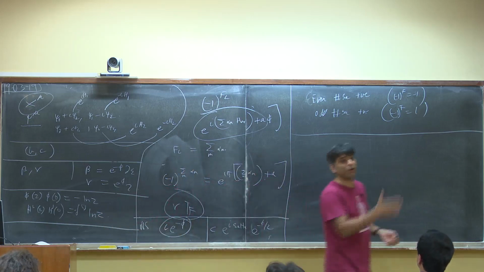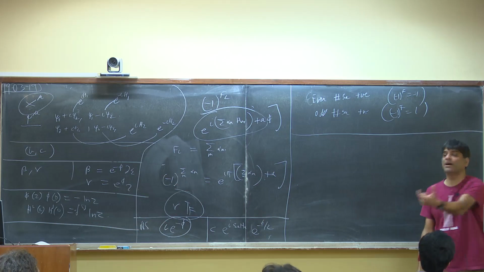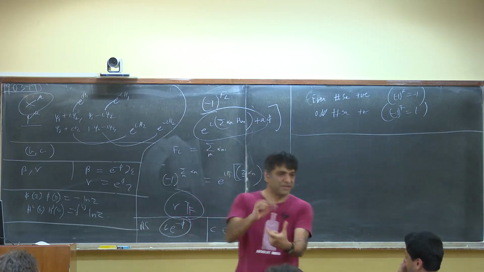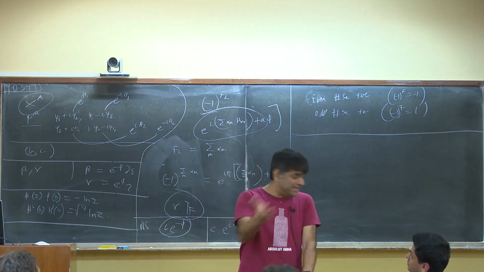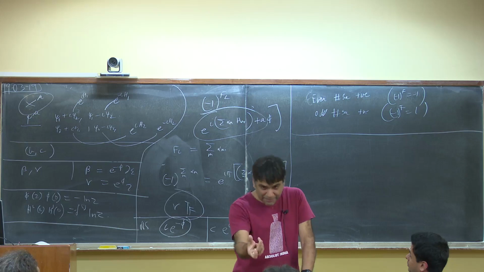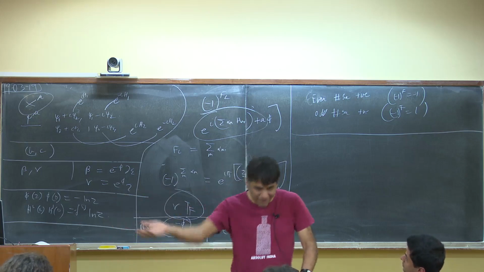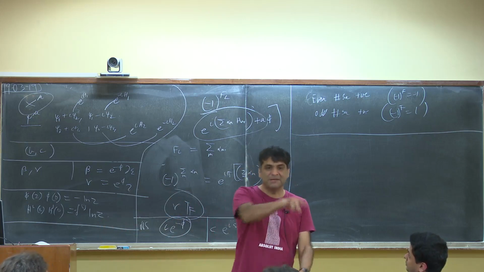What is gamma 11? It's the product of all the gamma matrices, gamma 1 gamma 2, which is the spin in the 1,2 plane, times gamma 3 gamma 4, which is the spin in the 3,4 plane. So 1 plus gamma 1 gamma 2 gamma 3 gamma 4 gamma 5 gamma 6 gamma 7 gamma 8 gamma 9 gamma 10 is equal to 1. It's simply the condition that S1 times S2 times S3 times S4 times S5 is equal to 1.